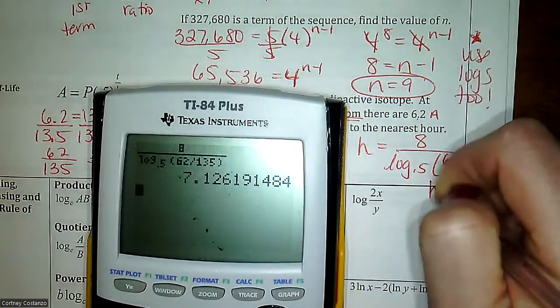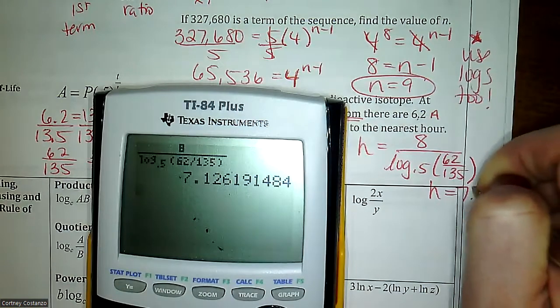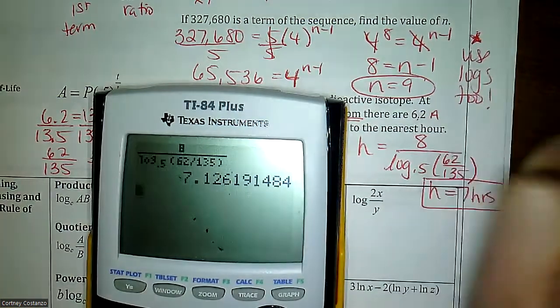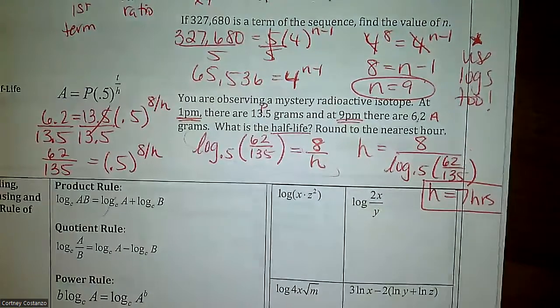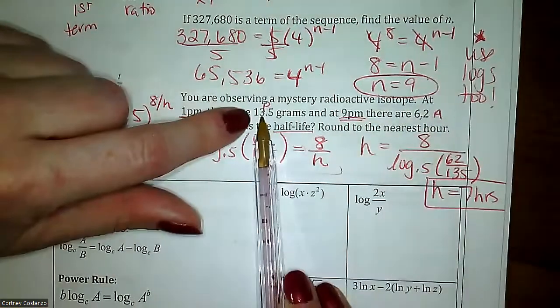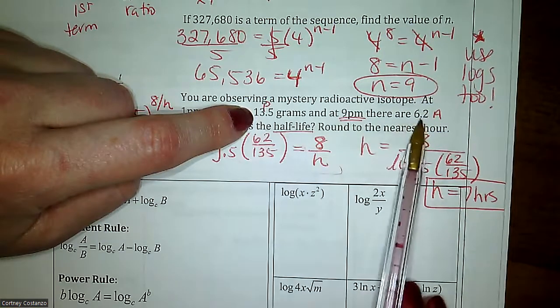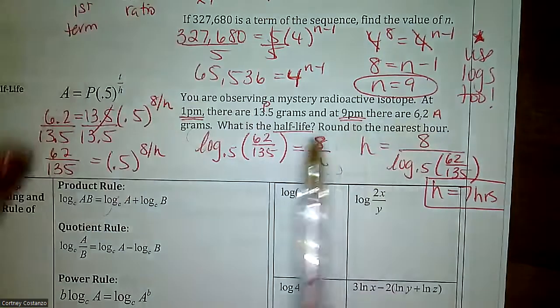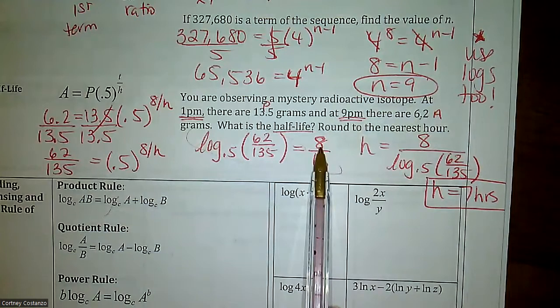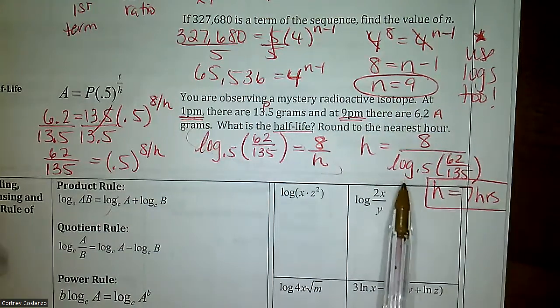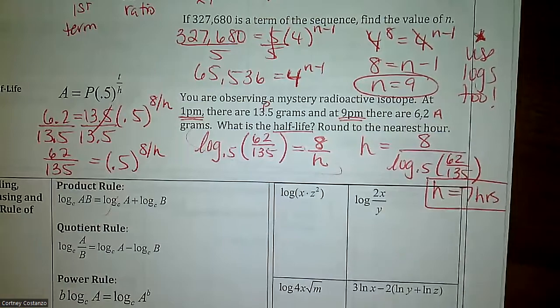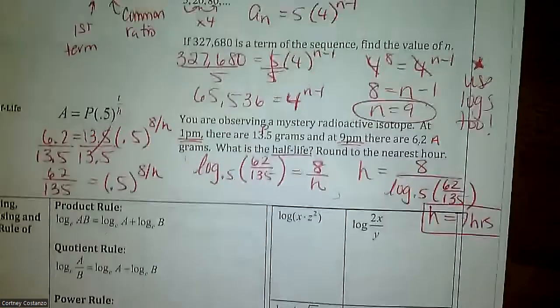Our half-life is about 7 hours or so, which kind of makes sense. If we had 13.5 and we're getting down to 6.2, that's a little bit under half, and that happened in 8 hours. So it makes sense that half of the substance would have decayed in about 7 hours.